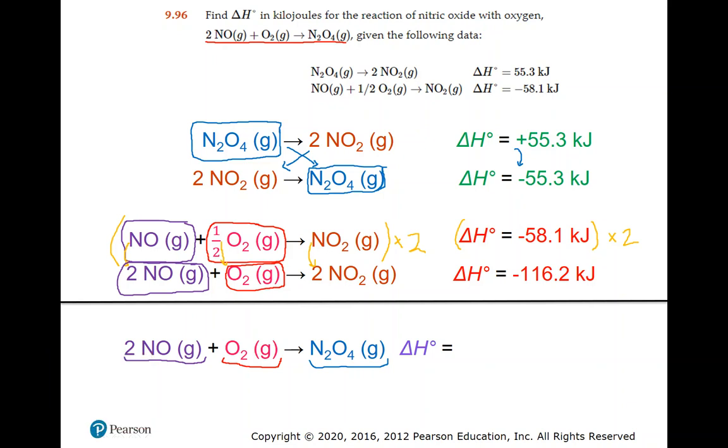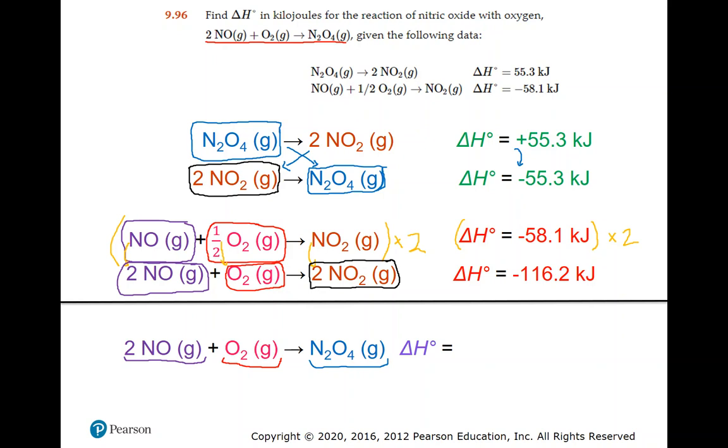And furthermore, if you look at this compound here, NO2 gas, which does not show up in our final equation, we have 2 moles of NO2 gas on the left side of equation 1 and 2 moles of NO2 gas on the right side of equation 2.